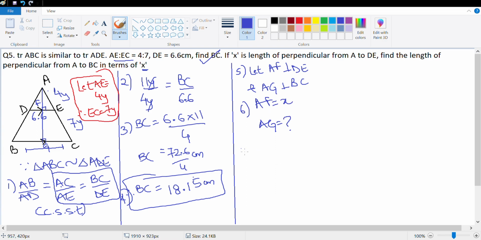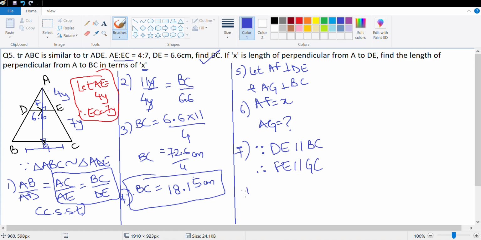Now since this is already given as parallel, let's write the full sentence first. Since DE is parallel to BC, therefore FE is parallel to GC, because these are parts of the same triangle.